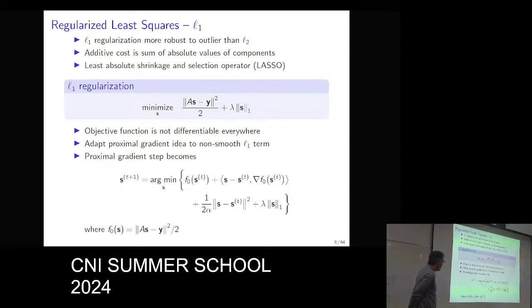So we want to adapt the idea of the proximal gradient descent to this particular non-smooth L1. So what are we going to do? We're going to take our function over here and then linearize it around a point, s_t.